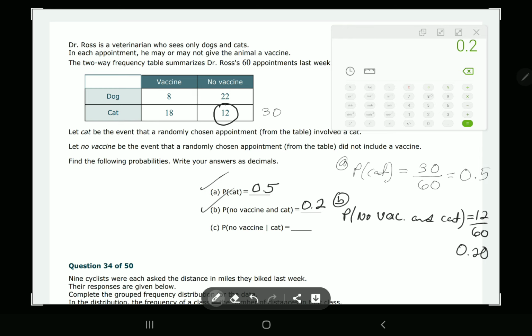Let's focus on question C. It says, what is the probability of an animal having no vaccine given the animal is a cat? Now, this refers to conditional probability.